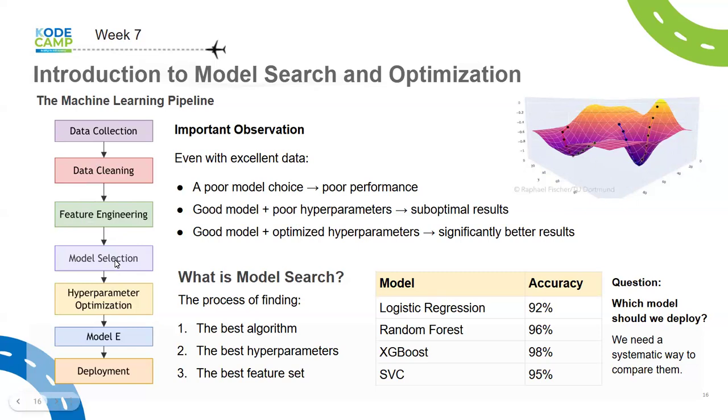Sometimes you do model selection before you even begin training. The reason it is valuable to do model selection before training is that sometimes the amount of computation required to train this model is so much.